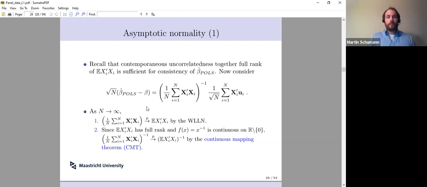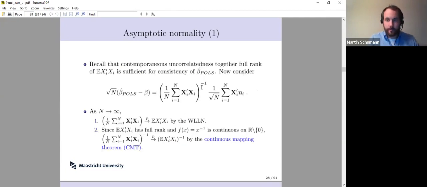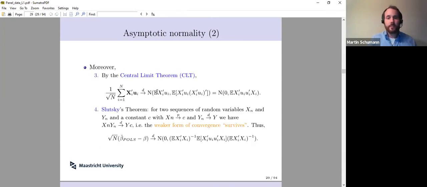Okay, now this is the first term, we have dealt with this term, and next we deal with this term, and for that we need the central limit theorem. Under our sampling assumptions, it's easy to show that this term converges in distribution to a normal distribution with this mean and this variance.